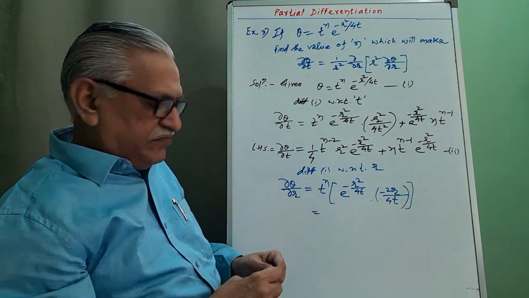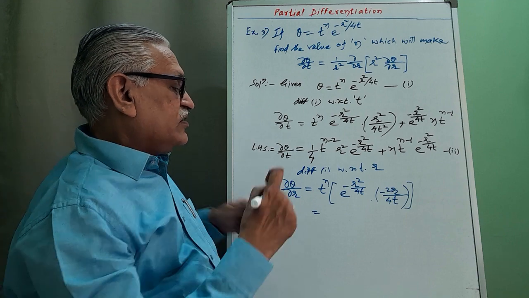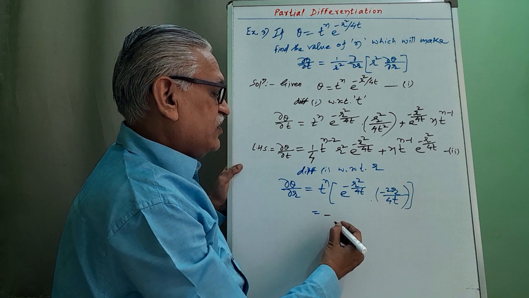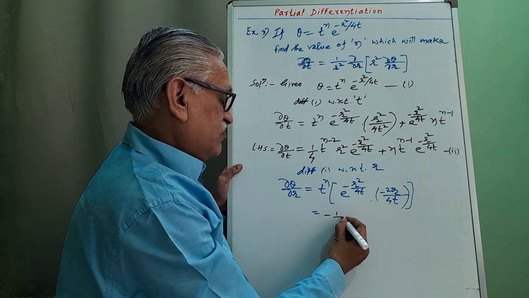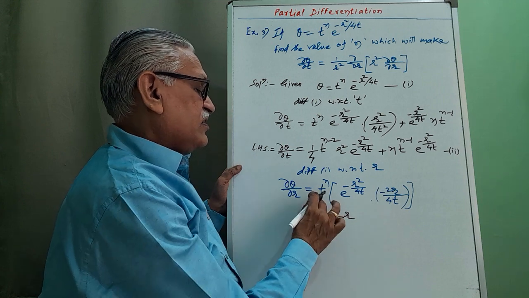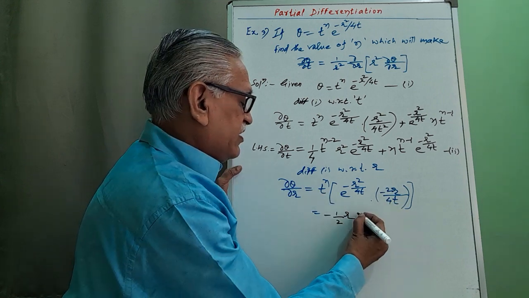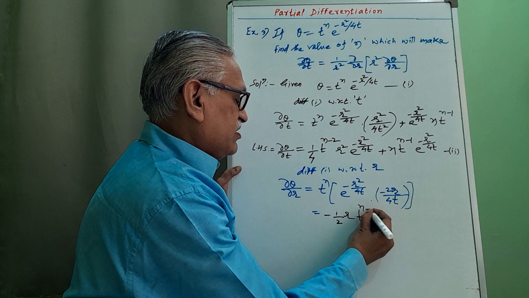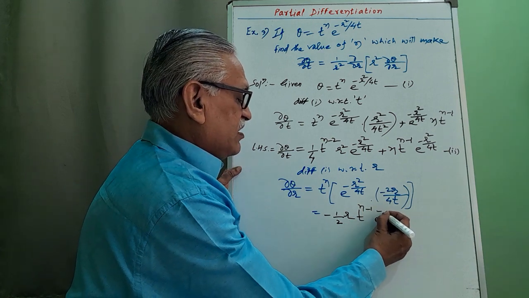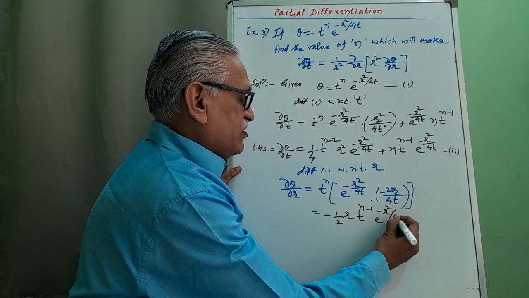Simplifying it, the sign is minus. 2 by 4 we get 1 by 2 r, t raised to n divided by t, we get t raised to n minus 1, and into e raised to minus r square by 4t.